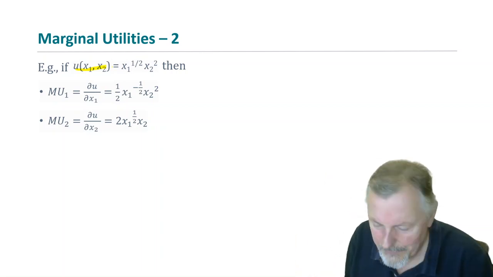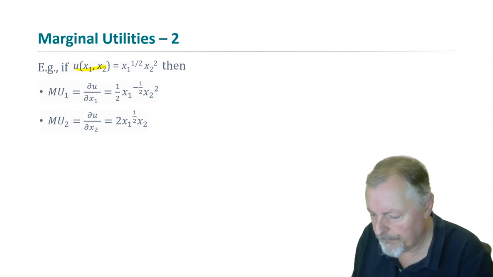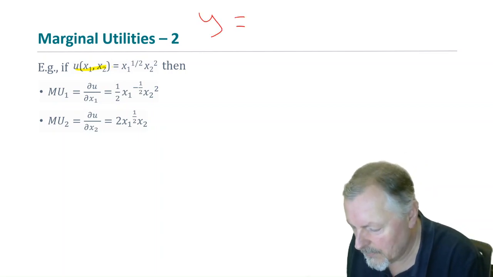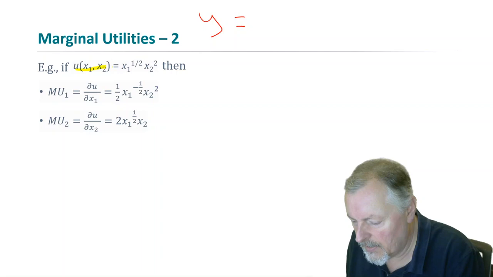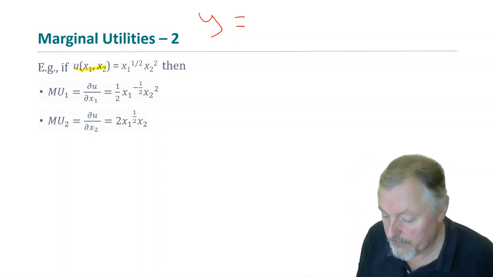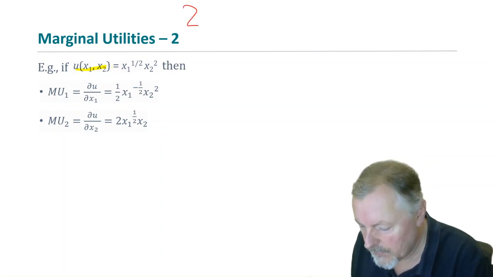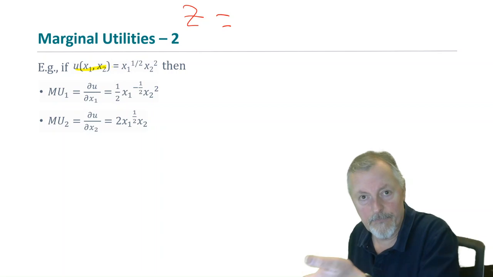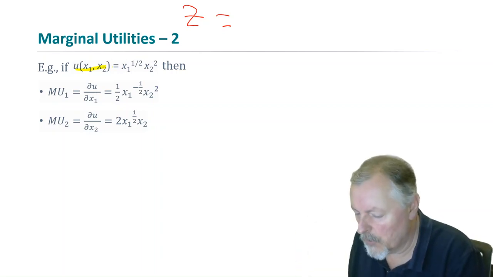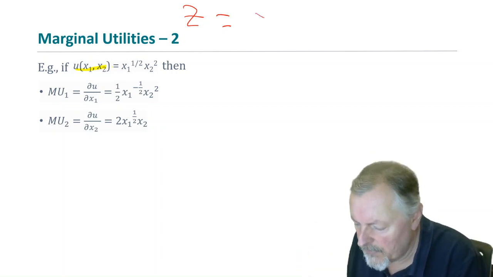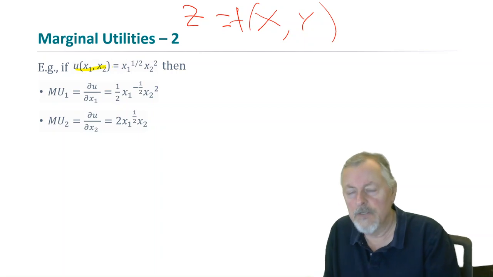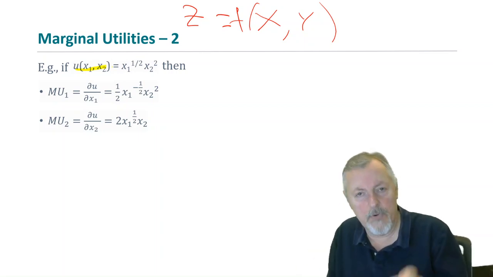You have, very loosely, z, the vertical component of our drawing, equals some function of x and y. So the inputs are x and y, and the output of this function is z.